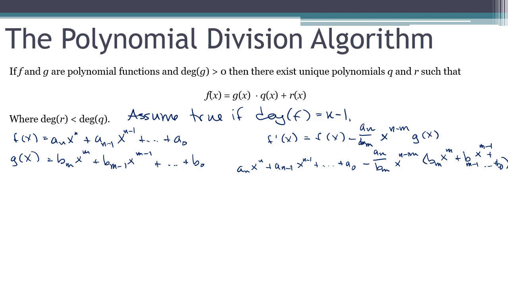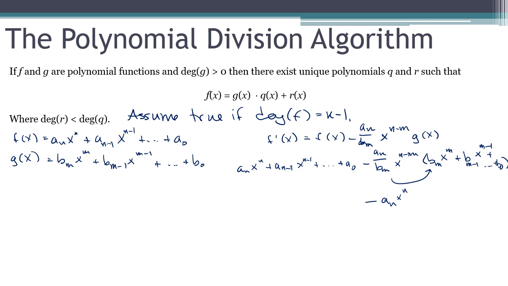Now think about what happens if you multiply this out. If I take this a sub n over b sub m piece and distribute it, this term becomes minus, the b sub m's cancel, so all that's left is a sub n, x to the n minus m times x to the m. You add the exponents, and that becomes x to the n.